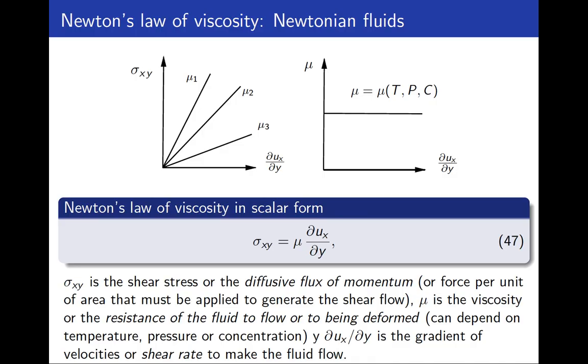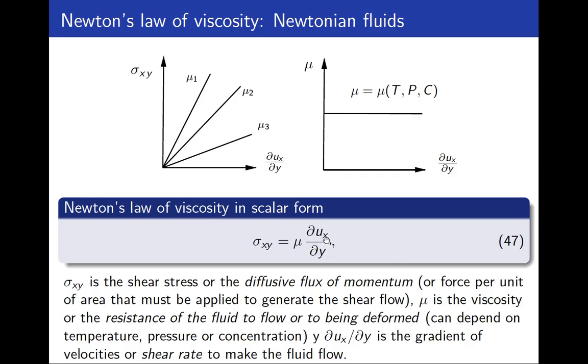You never transfer energy from low temperatures to high temperatures. It's always from high to low. The same happens with mass, which is always transported from high concentrations to low concentrations. And with momentum, we have something similar. Momentum is always being transferred from high velocity regions to low velocity regions, and this transport of momentum is special.